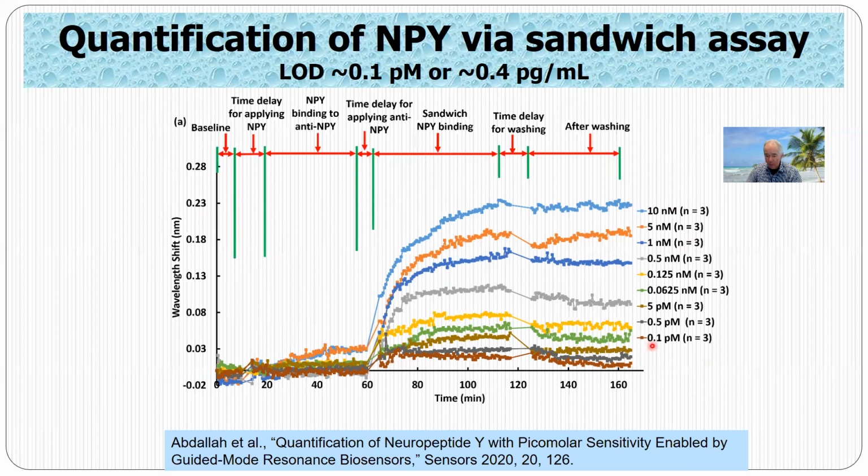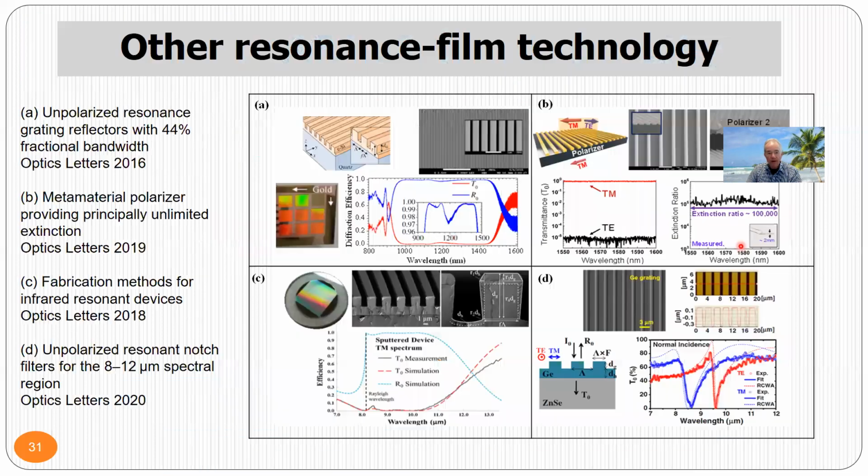But we go down to 0.1 picomolar, we still see a shift there. So we're basically close to 1/10 of a picomolar detectivity there. So that's a very good result published in this paper there.